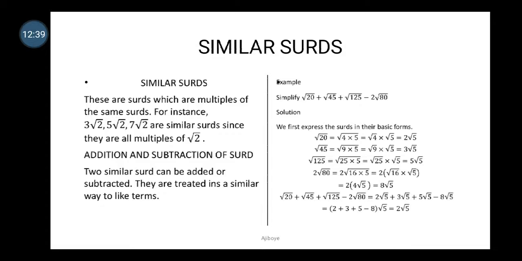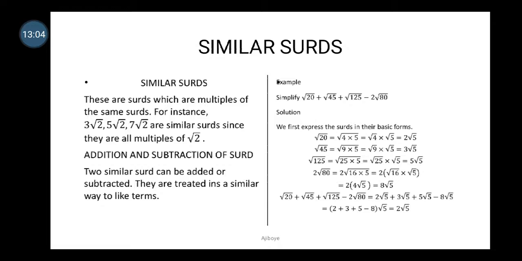Yes. So the square root of 20 is equal to the square root of 4 times 5. Applying the first rule, I can split it into the square root of 4 times the square root of 5. Therefore, the square root of 20 is now equal to 2 root 5.